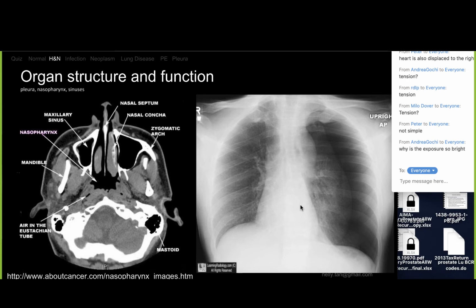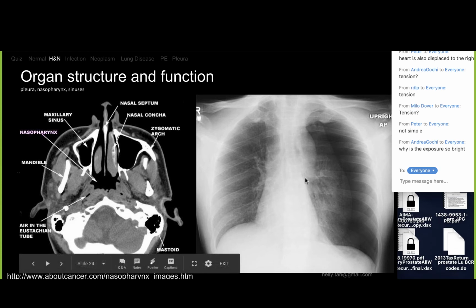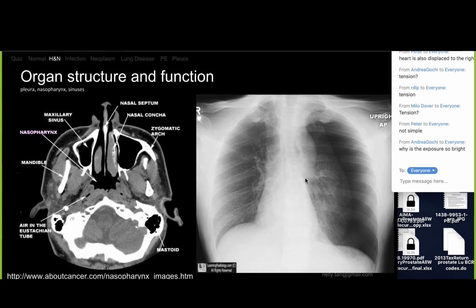Why is the exposure so bright? This is a portable, and there are two ways to capture a radiograph. One is portable, where the technologist takes the x-ray machine to the patient's bedside and takes the image. The second way is to have the patient come to the radiology department for a frontal and lateral radiograph.